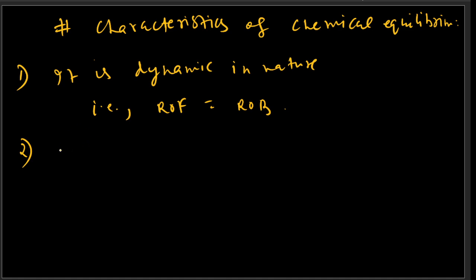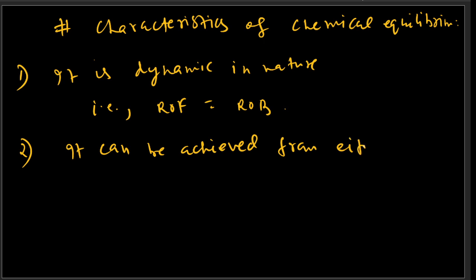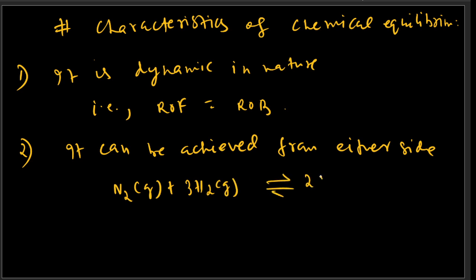Next point, it can be achieved from either side. That is, if you say nitrogen gas plus 3 hydrogen gas combine to give 2 ammonia gas, we are doing the combination and we have equilibrium, or we can start from ammonia.